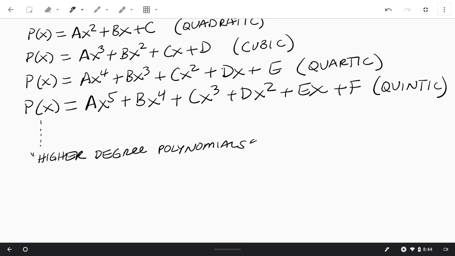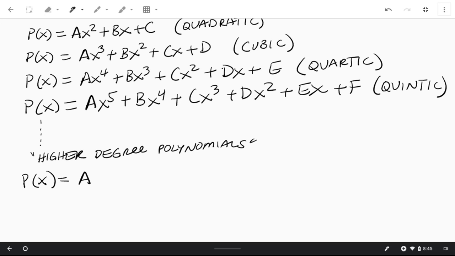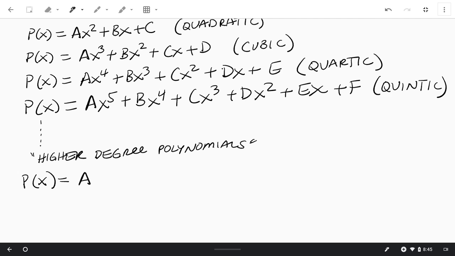So let's take a look at a very general polynomial. So suppose that I have this, and if I use all the letters, then I can only use the alphabet, 26 letters, right? And then I would run out. So I'm just going to call them all A's, but instead of A, B, C, D, E, F, I'll call one of them A0, and then A1, A2, A3. That way I never run out of variables.